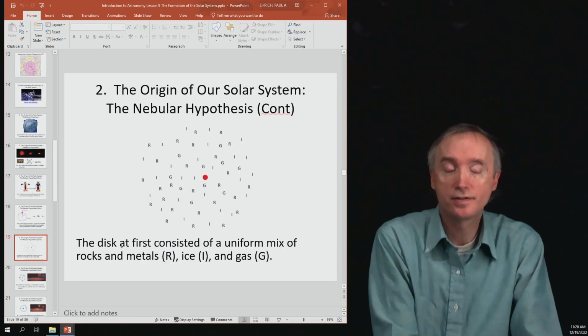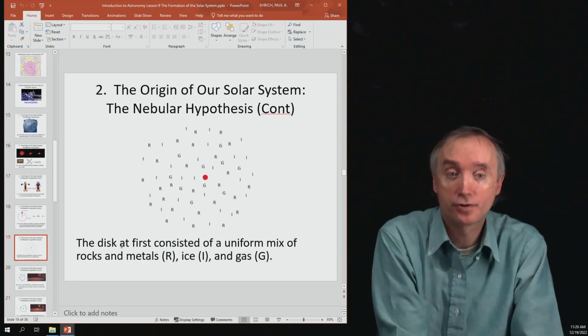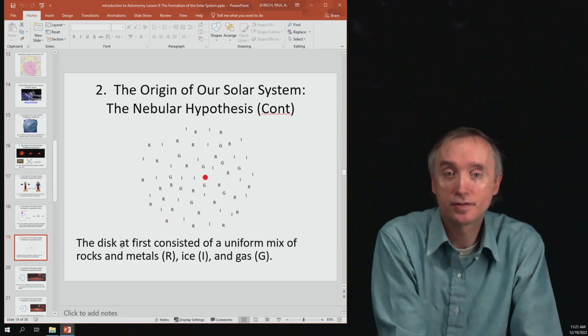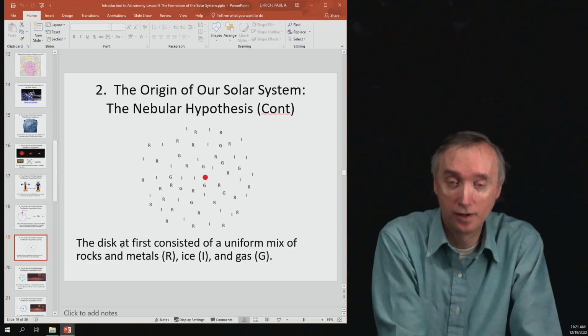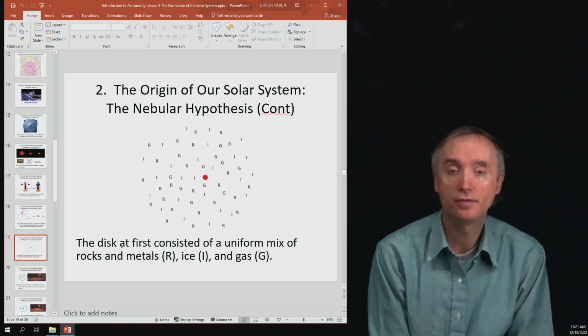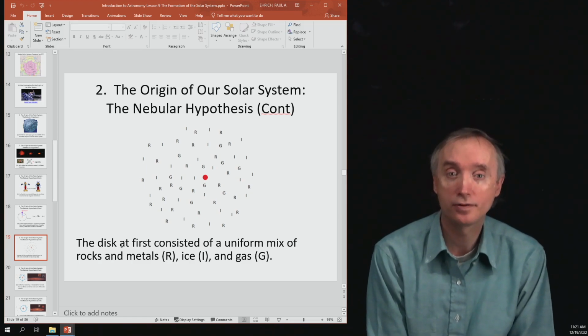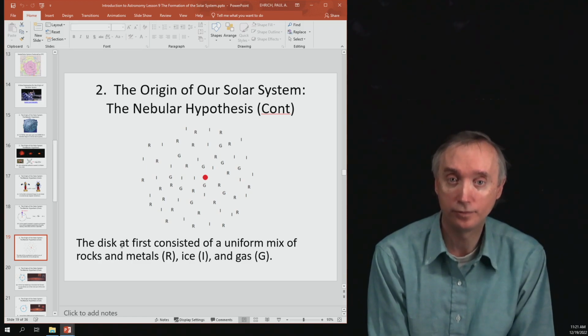Okay, now the next step involves temperature. Initially this disk consists of ice and rock and metals and gas, and it's all uniformly distributed in the disk. But as the thing that's going to become our sun starts to heat up, it's going to start to drive the ice outwards.